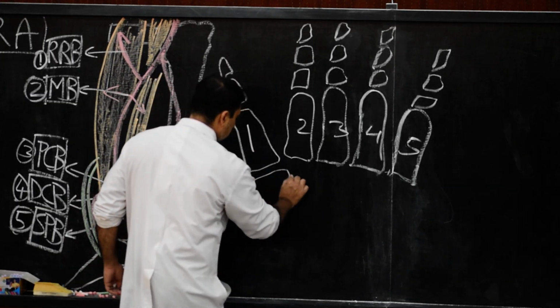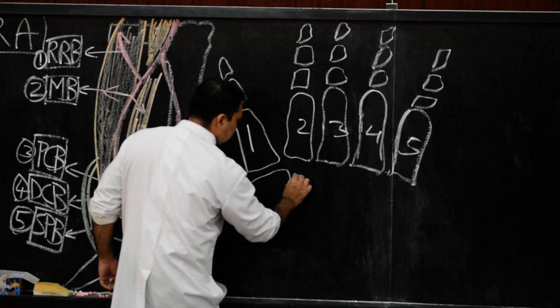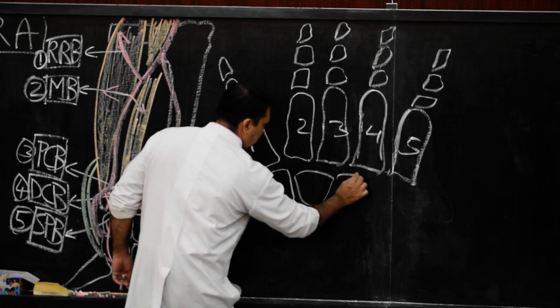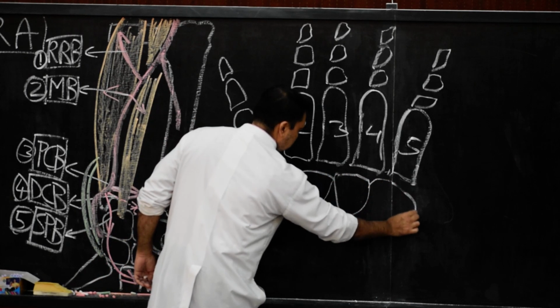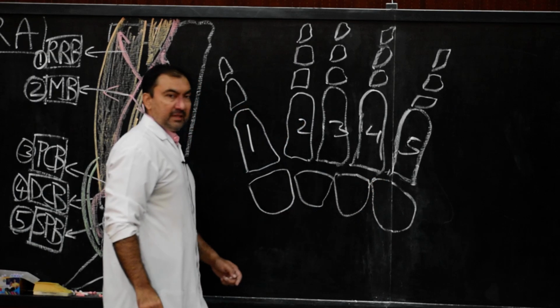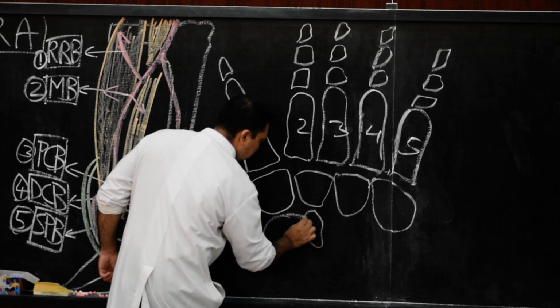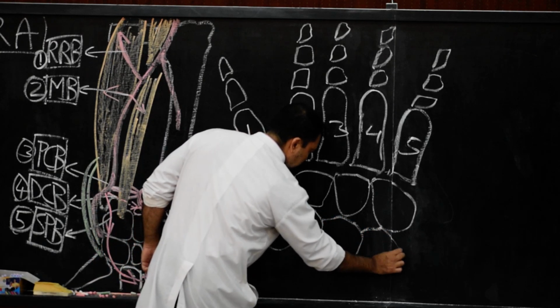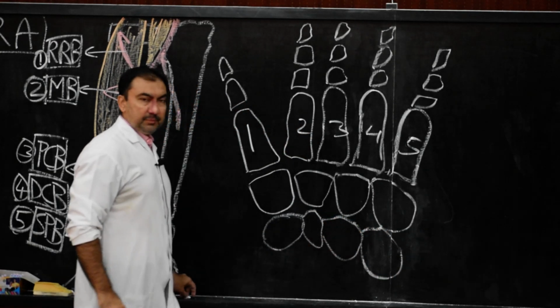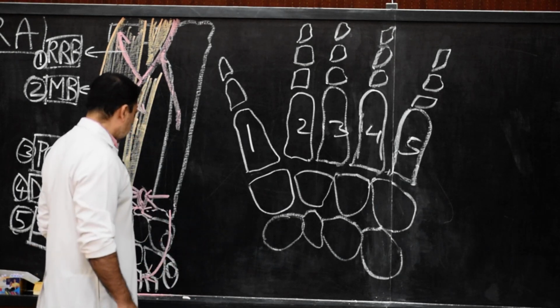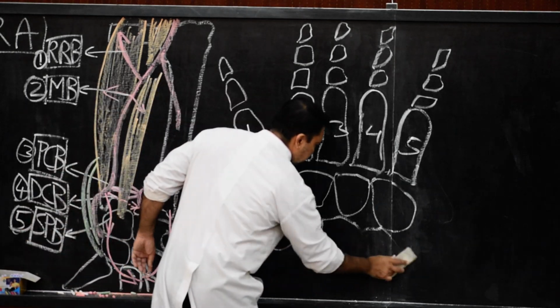Here we are going to show the carpal bones, and these carpal bones, as we show them, are a very rough diagram.